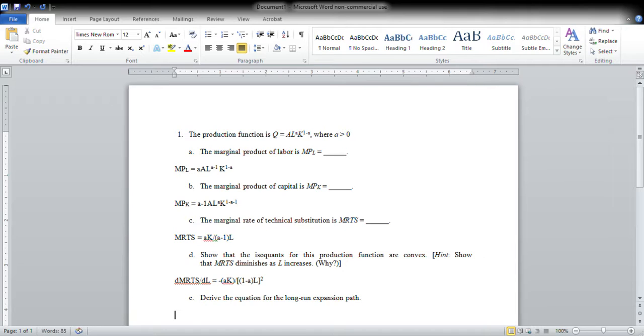Okay. Speaking of derivatives, the next thing is to derive the equation for the long-run expansion path. So, we're still working with MRTS. We're working with W and R, as explained in your book. And we're still working with capital and labor.